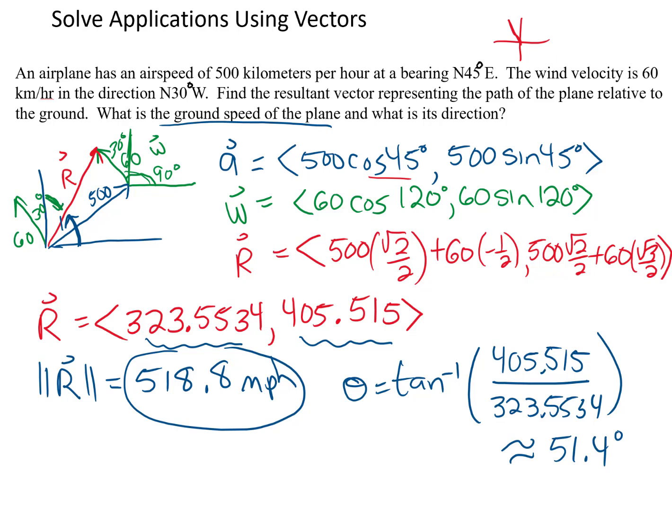Well, we can see that those angles are complementary. Their sum would be 90, so if I want to list this as the bearing for the direction that the plane will actually head in relationship to the ground, it's going to be north, and we do 90 degrees minus this 51.4 and get 38.6 degrees east.